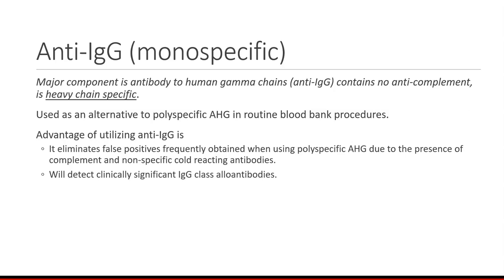These can bind nonspecifically to red cells when stored at room temperature or especially at 4 degrees centigrade. So when we use polyspecific and we get a positive, we have to do additional testing. And most of the time, those are false positives. The monospecific anti-IgG will detect clinically significant IgG class alloantibodies only.